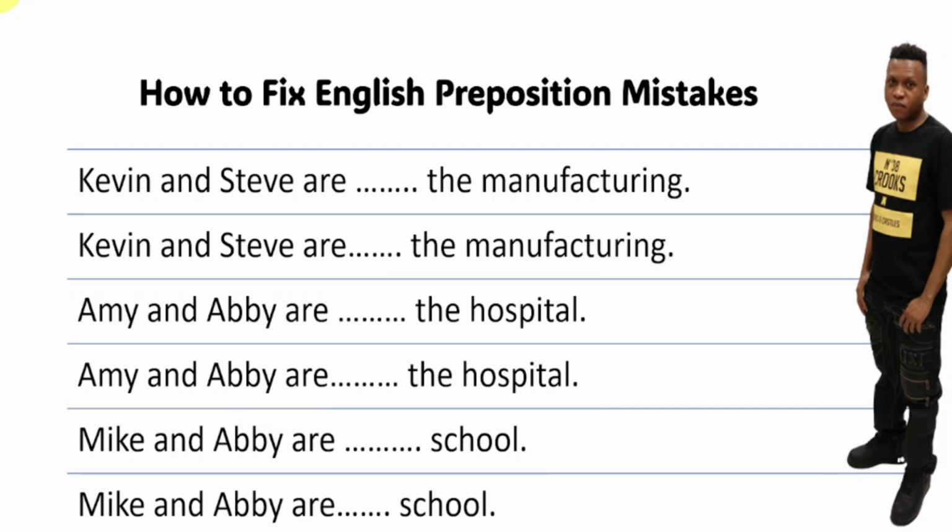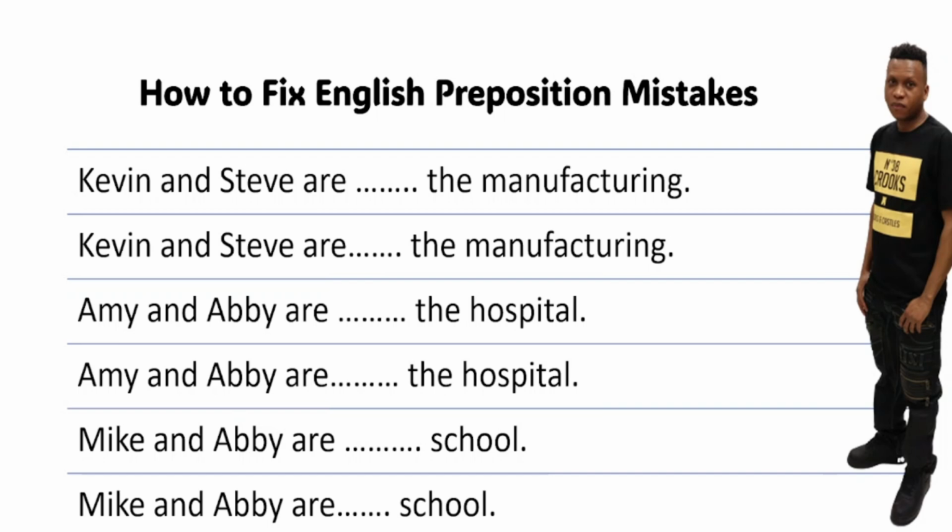So it looks like there are two prepositions we can use here. If I say Kevin and Steve are at the manufacturing, or Kevin and Steve are in. This looks like we're gonna use two prepositions here, right?